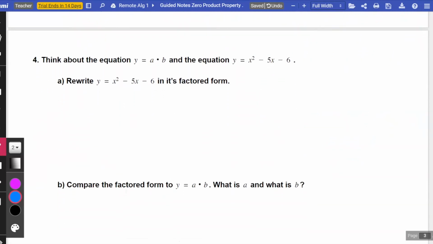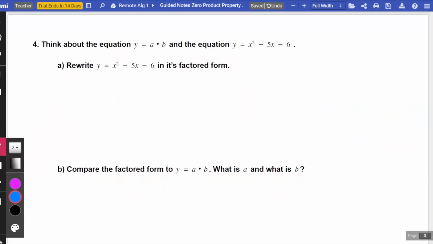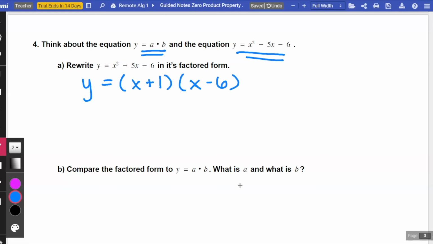So now let's think about the equation y equals a times b, that equation that we started with in the first place, with y equals something times something. And we're going to compare it to this equation, y equals x squared minus 5x minus 6. So let's rewrite y equals x squared minus 5x minus 6 in its factored form. So y is equal to x plus 1 times x minus 6.